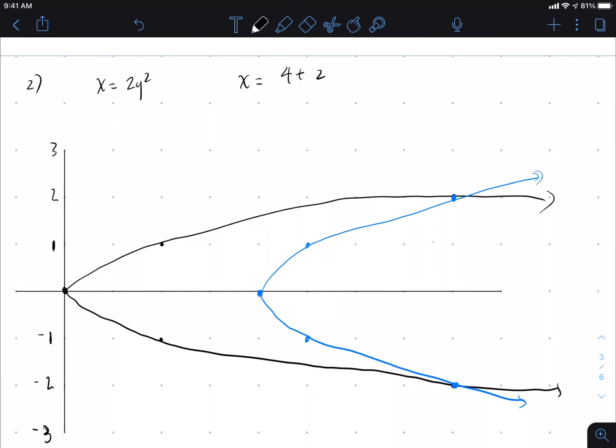So looking at this though, what are we going to integrate for, in terms of what variable? It's y. So now it's what's further to the right. And in this case, blue would have been on top.